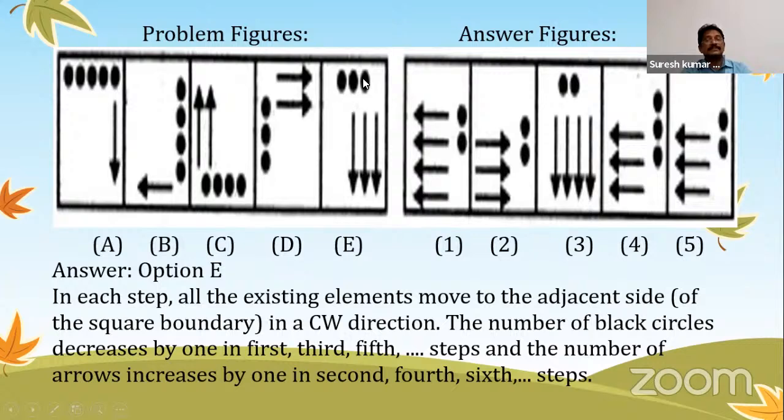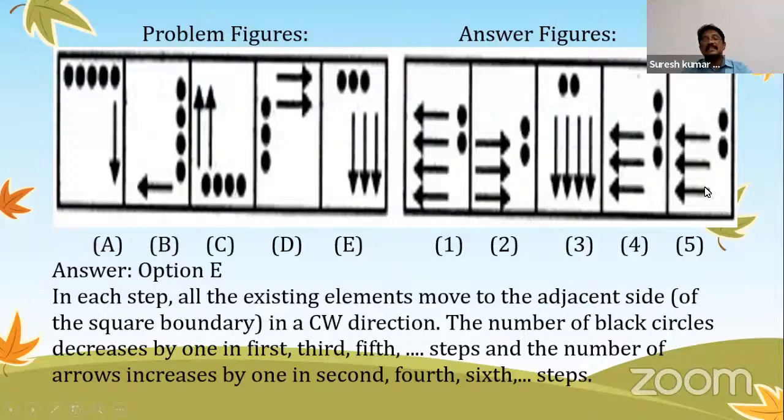Arrows will be the same. Here, dots will be the same. Arrows increase. Here arrows will be the same. Dots should be decreased. Arrows will be the same. Dots decrease. Here 3 arrows will be the same. Direction changes. Dots will be 2.